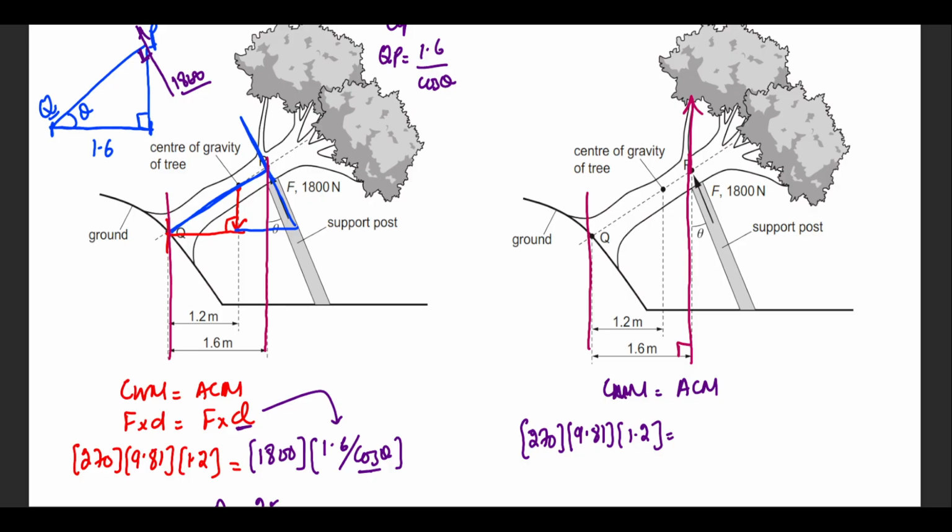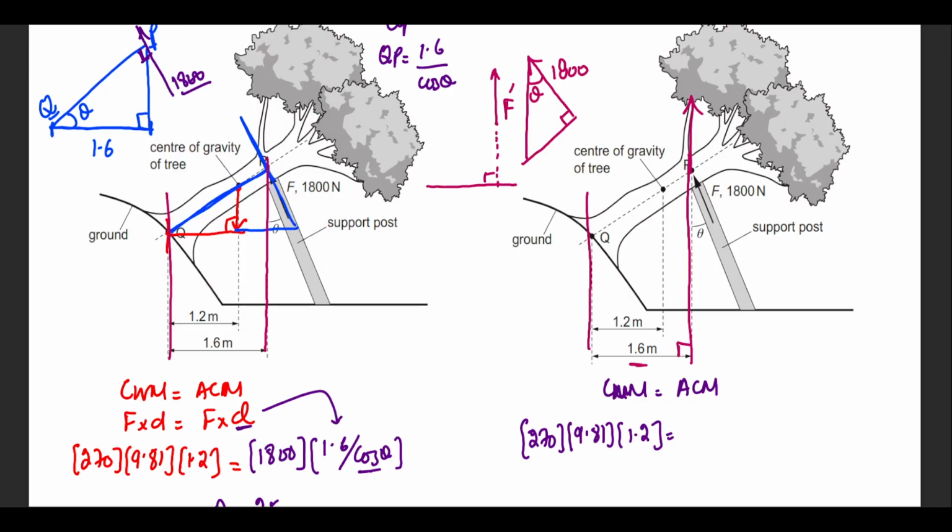So I would have to visualize this in a triangle that looks like this. So this is the force F that is given to us as 1800. This is that triangle that's going to be formed with an angle of 90 degrees, and this is that angle theta. And I'm trying to find out this force F dash that is in the upwards direction, because if I extend that, only that comes out at 90 degrees with 1.6.